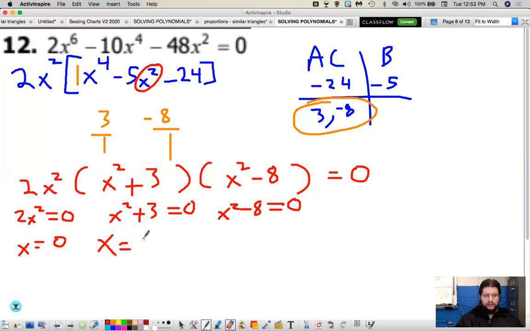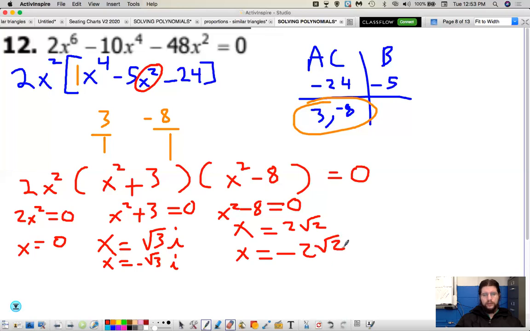That is square root of 3i and negative square root of 3i. That is, well, 8, if you break it down, is 2 square roots of 2. So 2 square roots of 2, square root of 8 is 2 square roots of 2, and negative 2 square roots of 2. Solve it however you need to solve it.